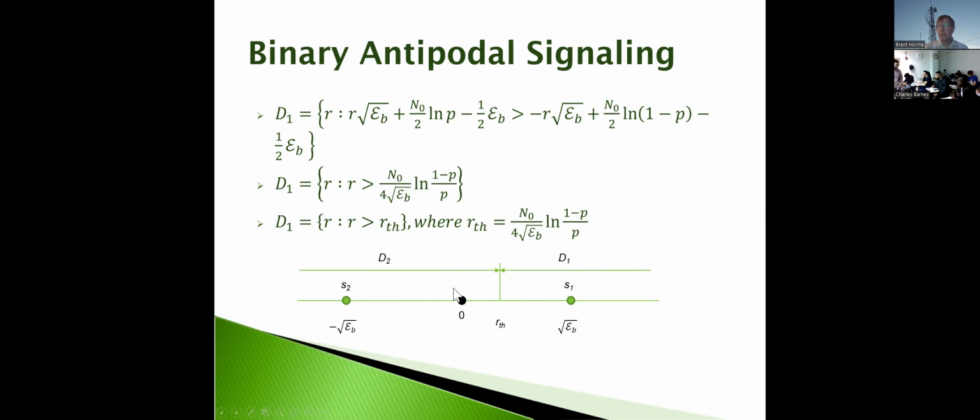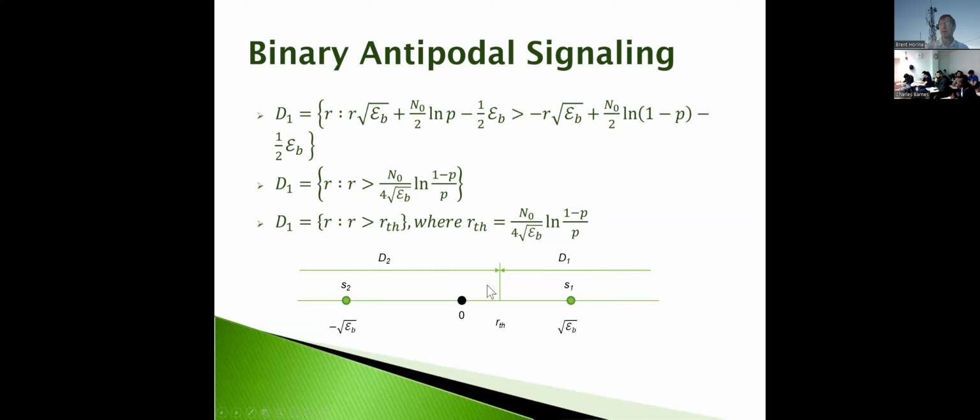So here's our origin, or voltage equals 0 of this symbol, and here's S1. It's going to have an amplitude of plus the root of E sub B, and S2 over here.